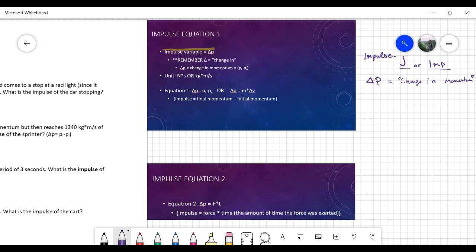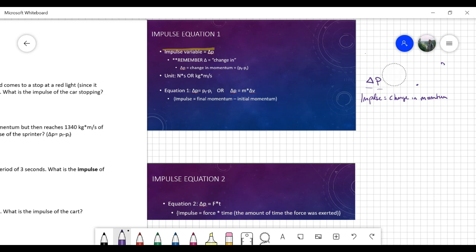I like this description because the literal definition of impulse is the change in momentum. Sorry about my handwriting there, I'm trying to squeeze it in at the end of my little board. That's why I like this symbol, because it makes the most sense. The change in momentum is literally what impulse is.